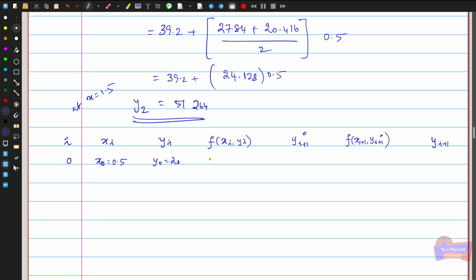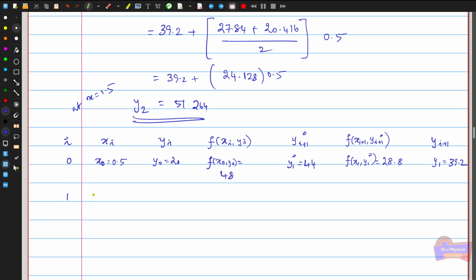Using these, we calculated f of x0 comma y0 equal to 48. Similarly, y1 of 0 we calculated as 44, and f of x1 comma y1 of 0 as 28.8. So the final value of y1 is equal to 39.2.